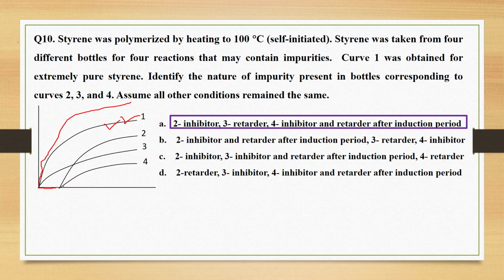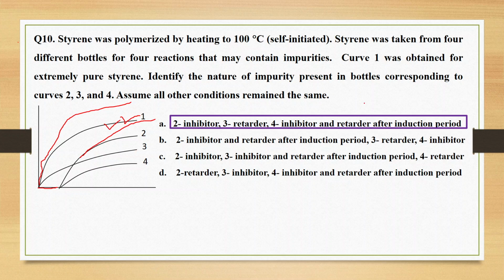Once the inhibitor is totally consumed, the rate will slowly go back to the initial one. The curve should look more like this. It is being written like this, but it should look more like this. It will slowly go to the original rate value, just like where 1 was.